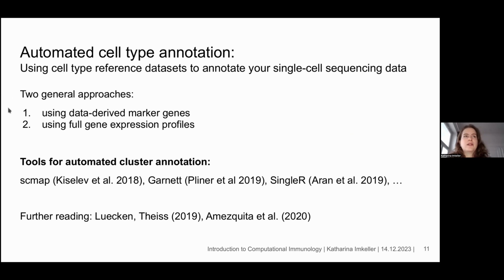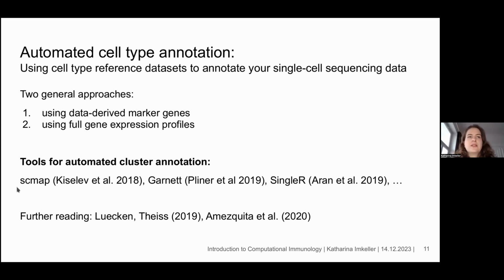There are two general approaches which differ in the selection of features that are used for the annotation. You can either use data-derived marker genes, either derived from your reference data or from your own single-cell sequencing data, or you can also use the full gene expression profiles. If you do this, it's important that the full gene expression profiles mean the same thing in the reference and in the actual data, obviously.